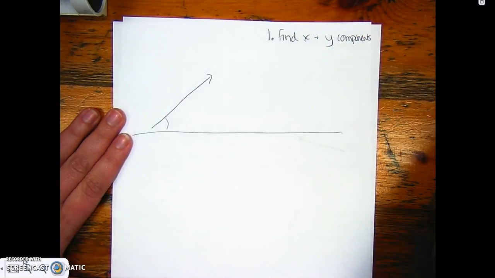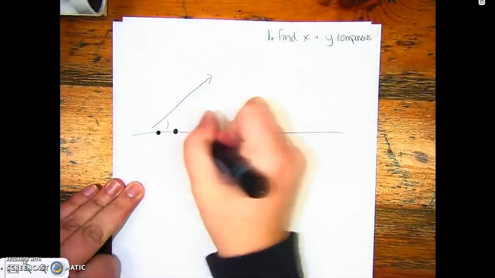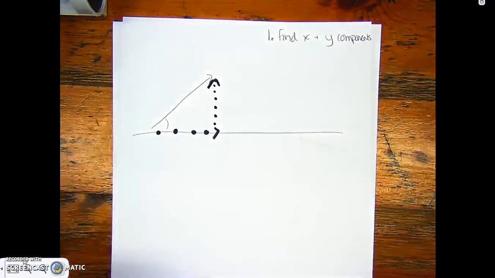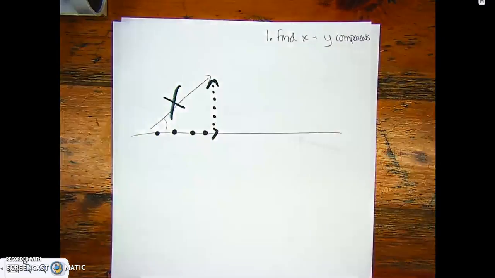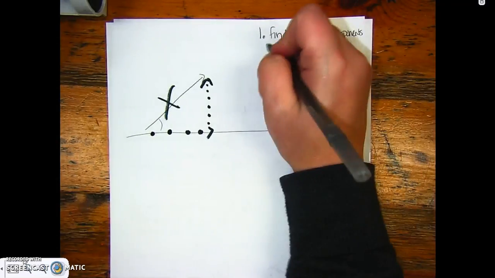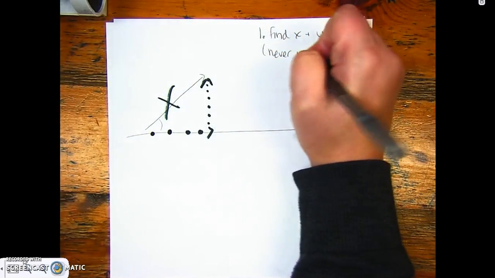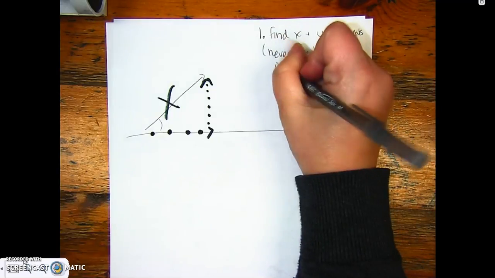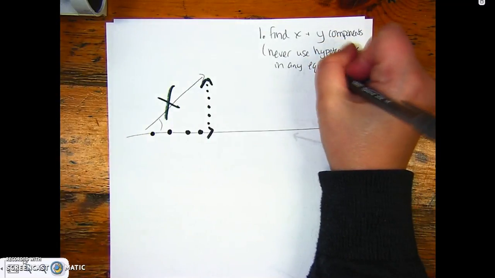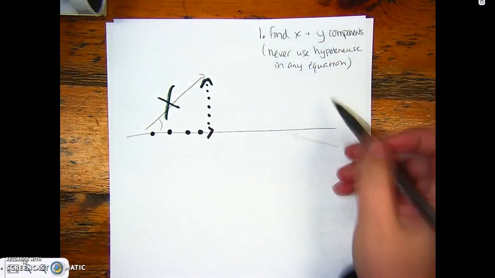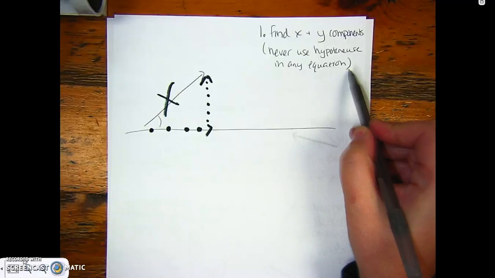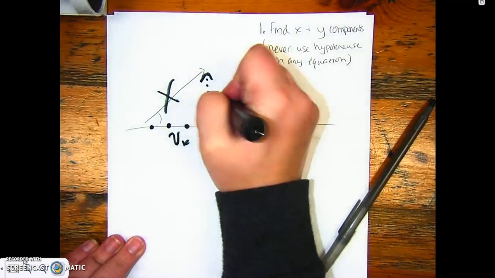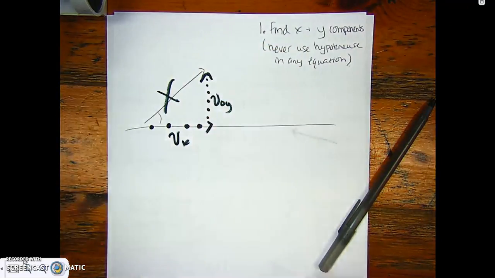Once we find the x and the y of each of those, then we completely ignore this. Remember to never use the hypotenuse of that right triangle in any equation. It is only used with the trig to figure out what our velocity in the x is and what our initial velocity in the y is.